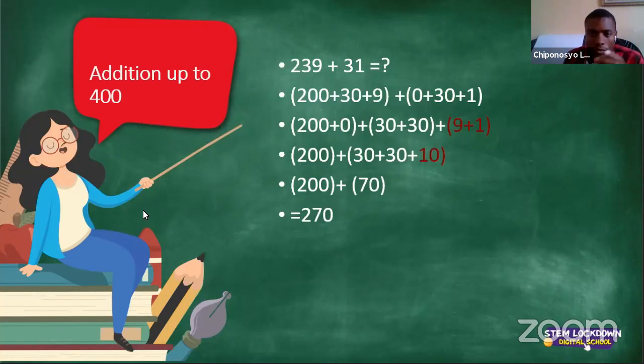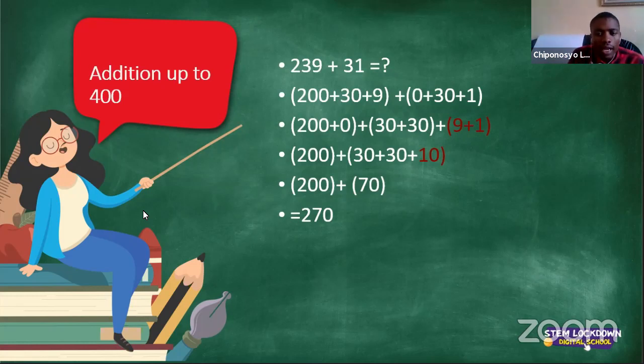There's no hundreds in the 31, so we're going to say 200 plus 0. After that, we go to the tens, and it's 30 plus 30. Then we go to the units, which is 9 plus 1.